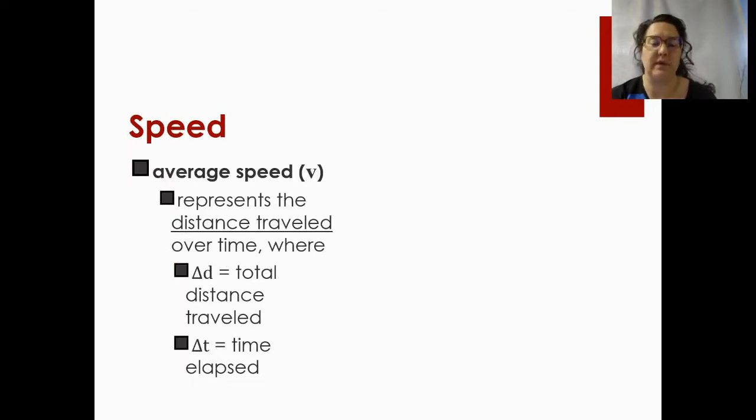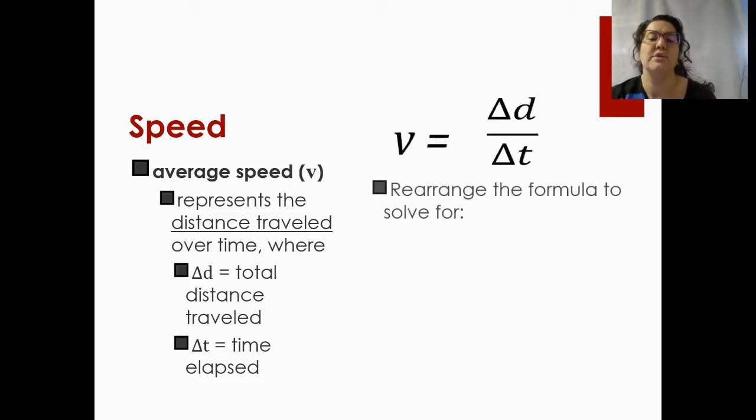The average speed, which is v with a line over the top of it, represents the distance traveled over time, where delta d is the total distance traveled and delta t is the elapsed time. So the equation from your formula sheet is v equals d over t.